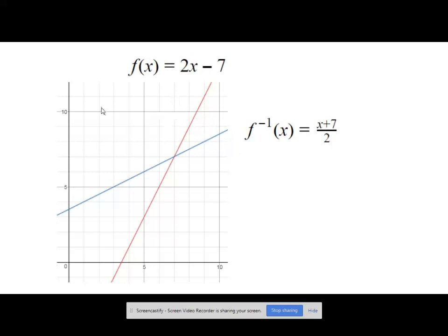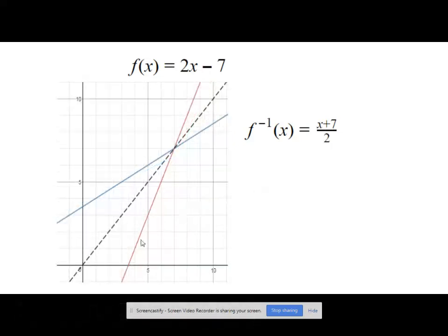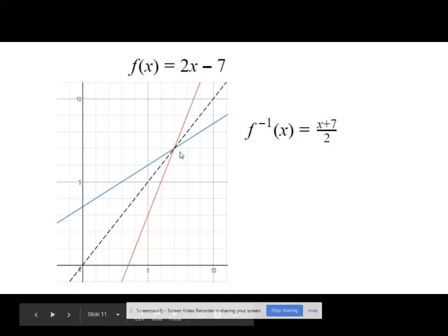They're not reflected across the y-axis. They're not reflected across the x-axis. They end up being reflected across the line y equals x. So there's this diagonal line at a 45-degree angle, y equals x. And if the two functions are inverse, they will be reflected across this line y equals x.